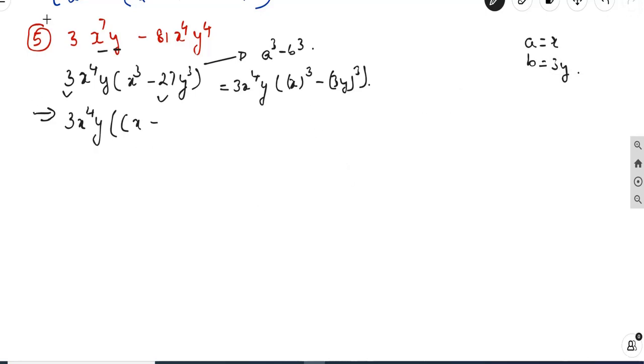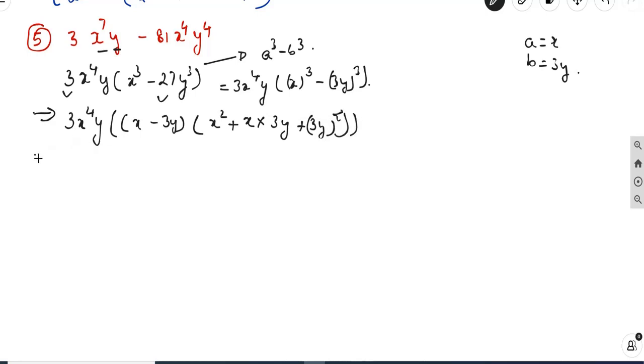So this becomes x minus 3y, close the bracket, open the bracket. So this becomes x square plus x into 3y plus 3y square. Okay, close the bracket.